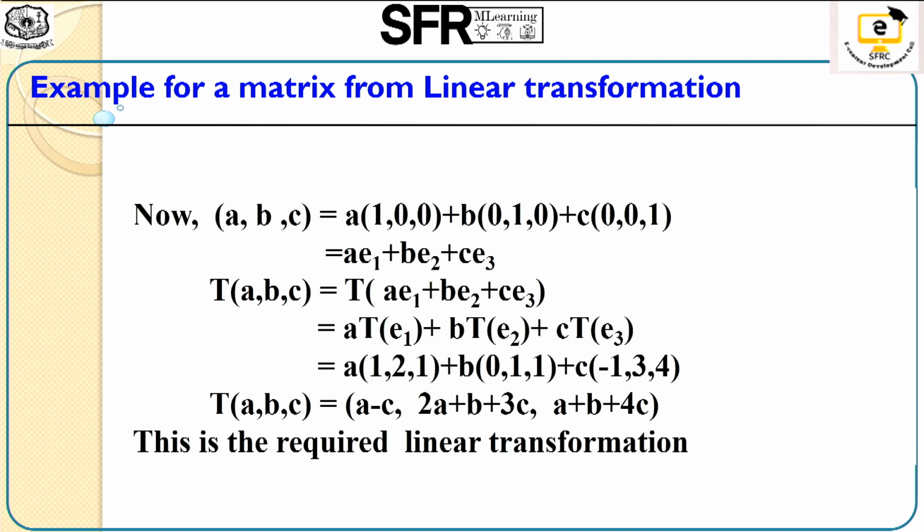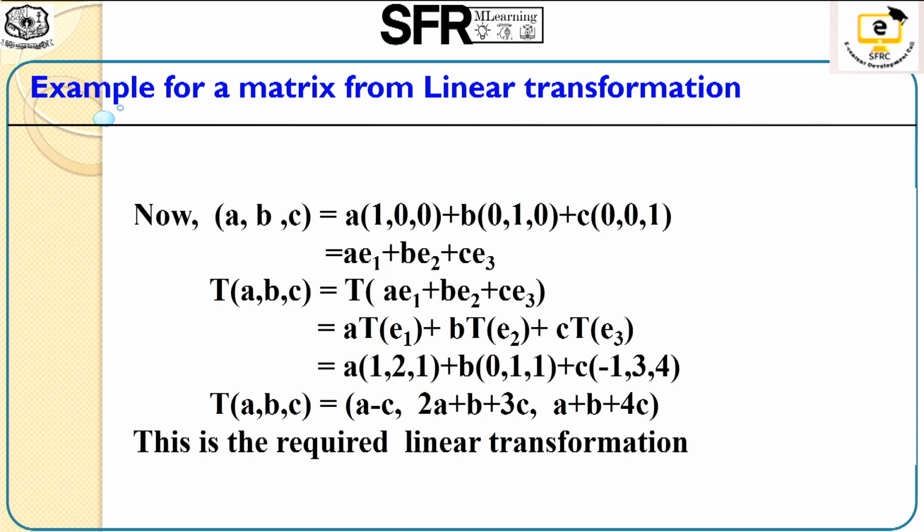Just multiply the values. The first value: A into 1, B into 0 is 0, and C into -1 is minus C. Therefore the first value is A minus C. The second one is 2A, B into 1, and C into 3, so 2A plus B plus 3C.